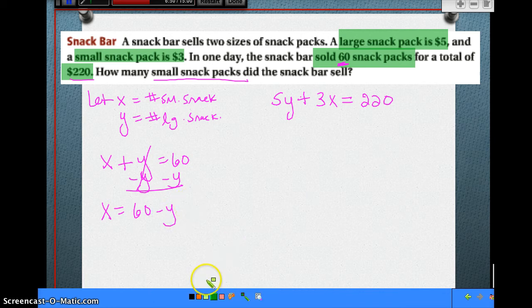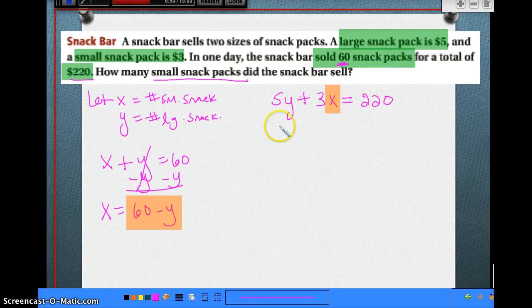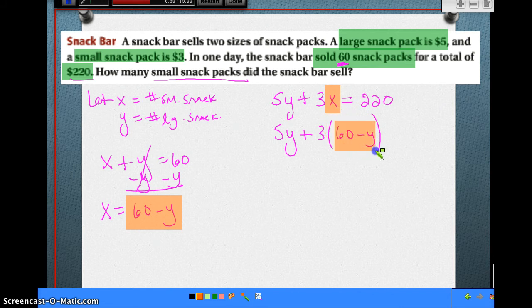We're going to take that expression for x, which is 60 minus y, and we're going to substitute it in for x. That's going to give us 5y plus 3 times my x, which is the 60 minus y. That's my binomial that I'm substituting in from down here.